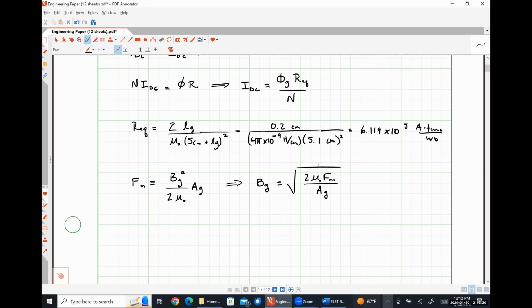Anybody have any beef with the algebra I've done there? Hopefully fairly straightforward, just rearranging and solving for BG.